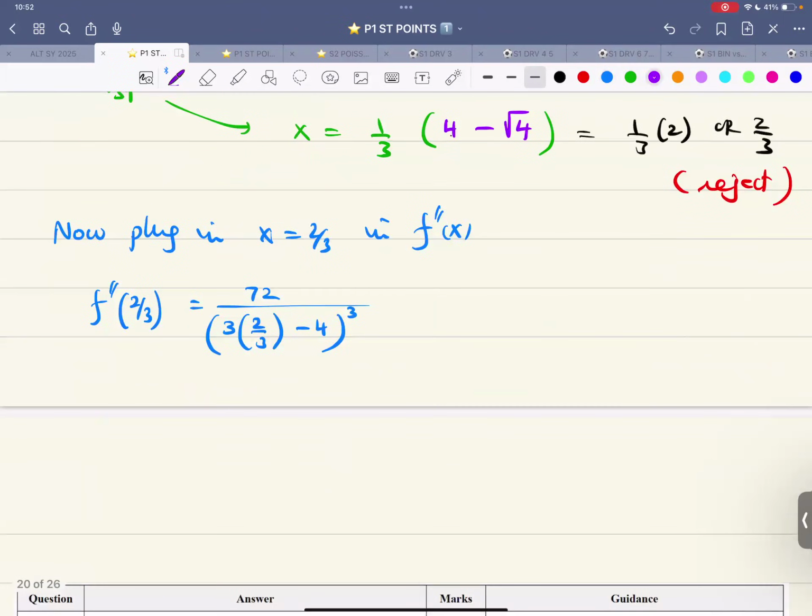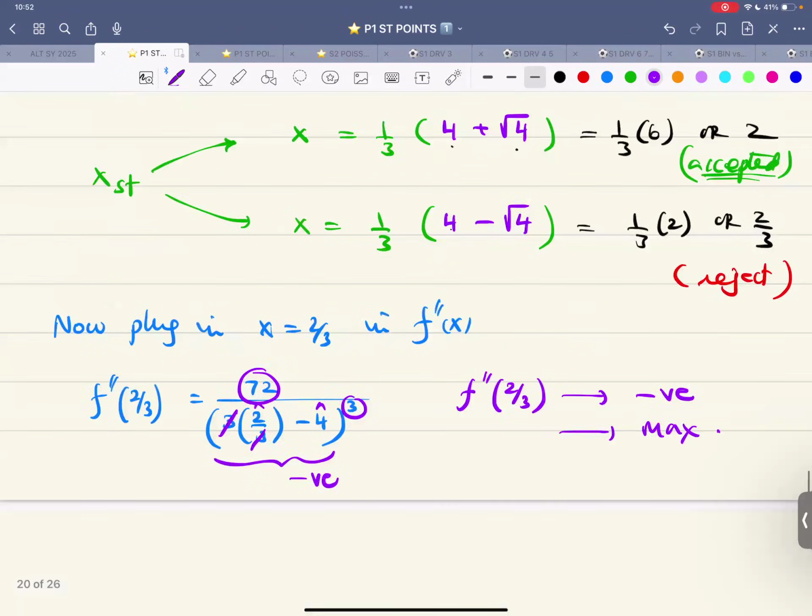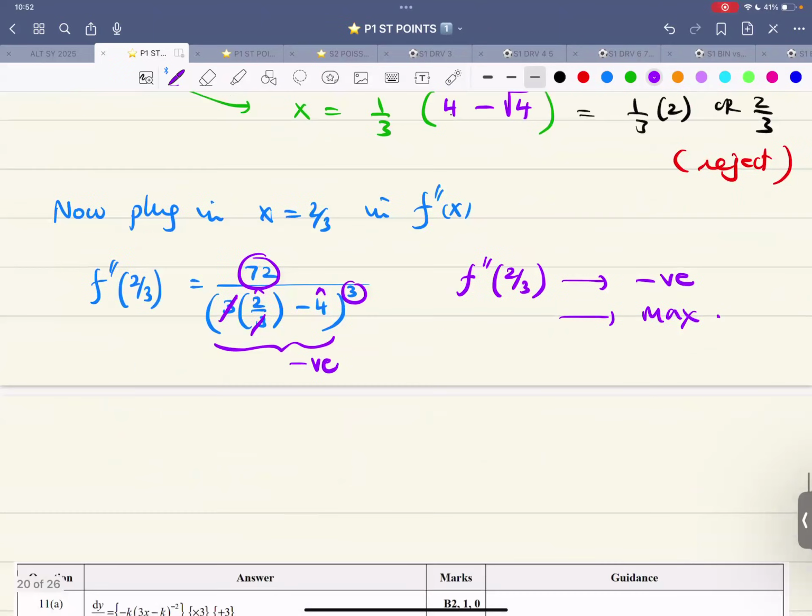Now focus on this. This 3 and 3 will cancel. 2 minus 4 is negative 2. Negative 2 cubed is negative. So denominator is negative, numerator is positive. Therefore, f double prime of 2/3 is negative. Therefore, it's a maximum.